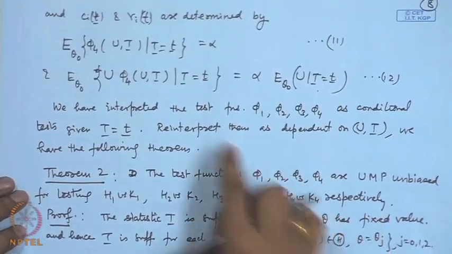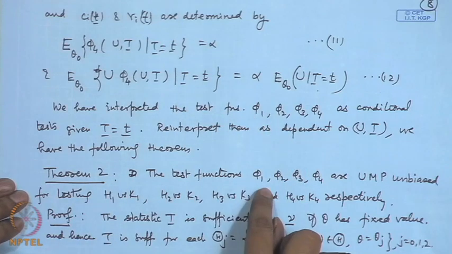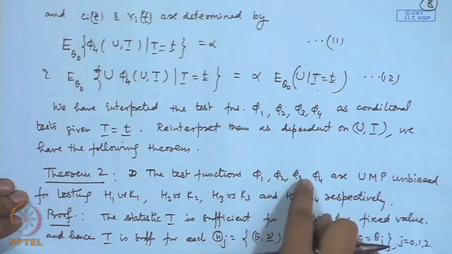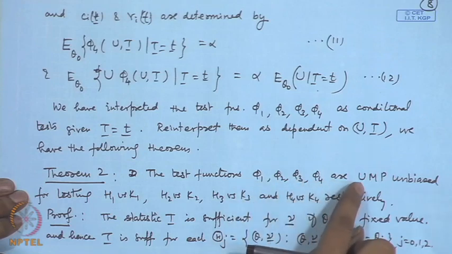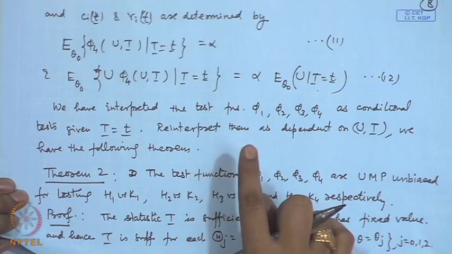We have derived the conditional tests as the UMP tests. Now, in the theorem I am claiming that for the unconditional problem the tests phi 1, phi 2, phi 3, phi 4 are UMP unbiased. In order to prove this, we will take help of theorem 1 which I have given today, that means the test with Neyman structure, and the result which I have given for similar tests in the previous lecture.